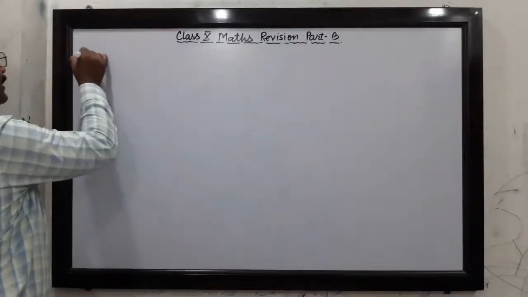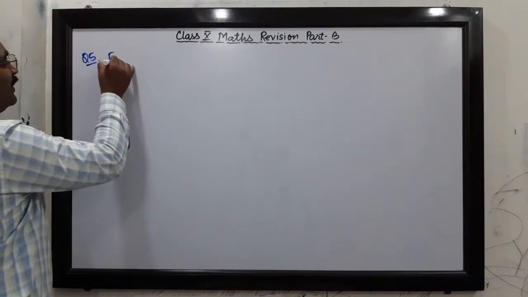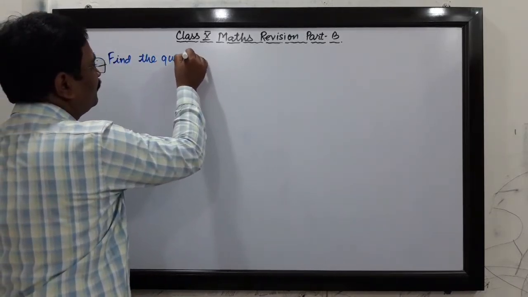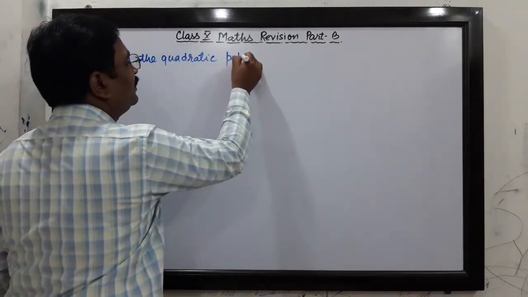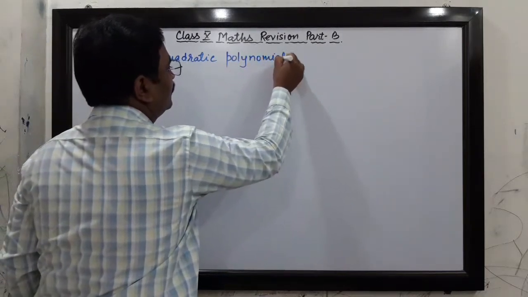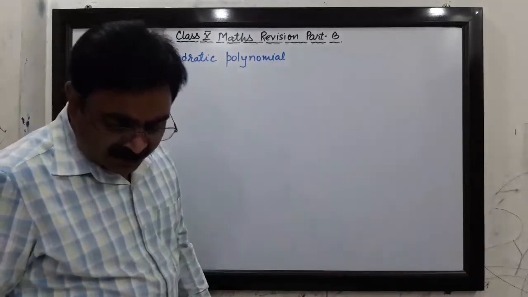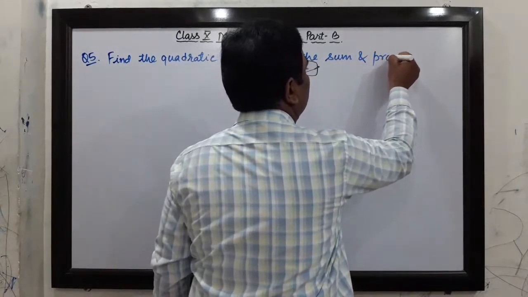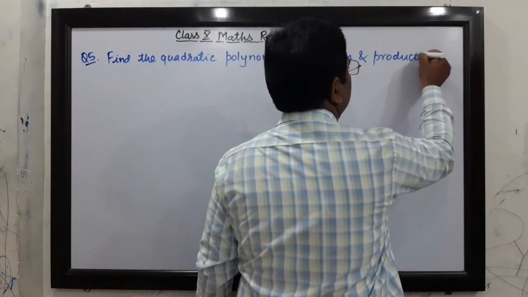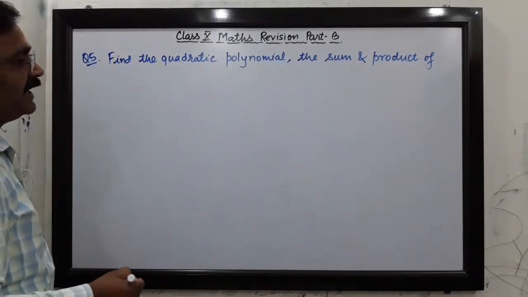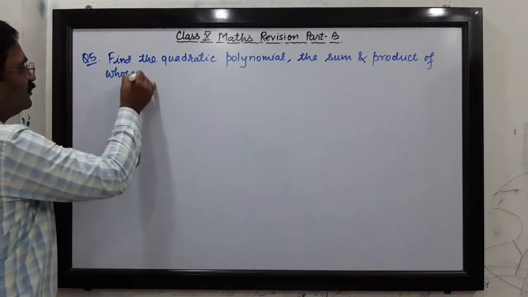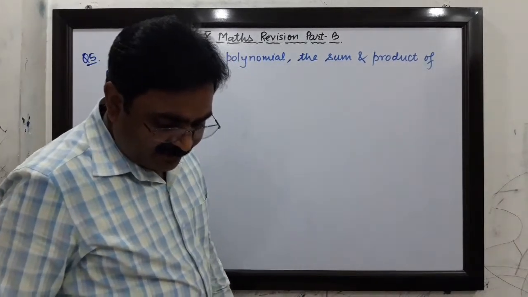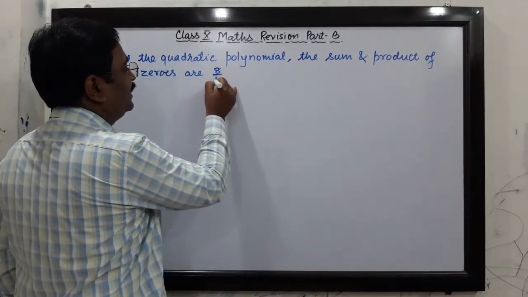So, question number 5: find the quadratic polynomial, the sum and product of whose zeros are 8 by 5 and 3 by 5 respectively.